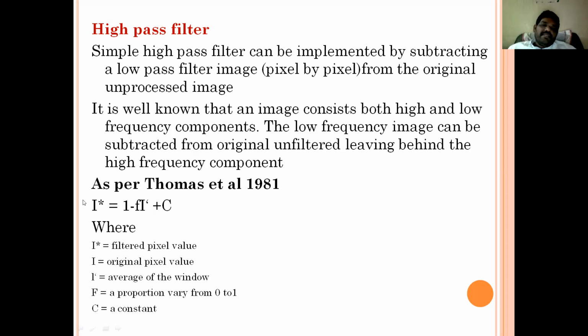You must remember this formula for high pass filters. How can we achieve this? Simply by subtracting the low pass filtered image from the original unprocessed image pixel by pixel.